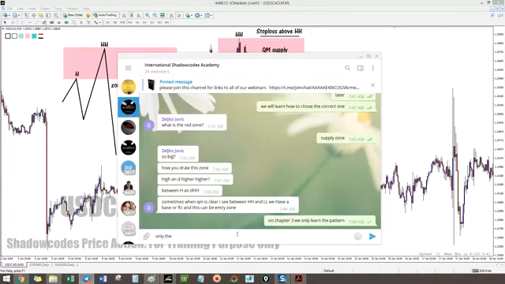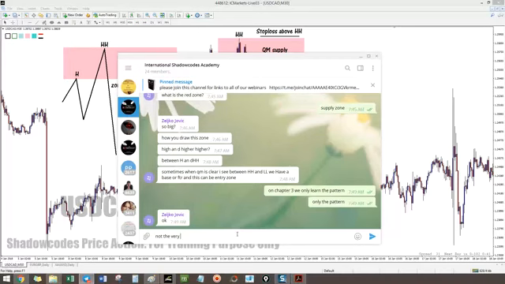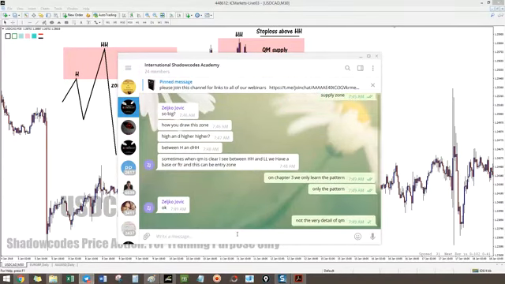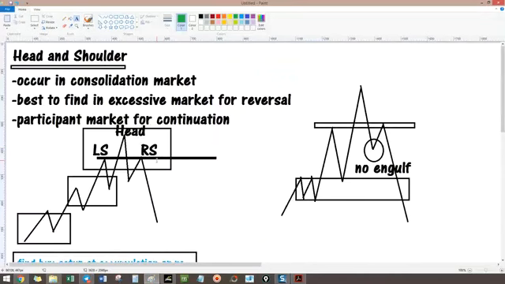Only the pattern, not the structure of the QM itself, not the very tips, but the very detail of QM. So if QM in detail, it will look something like this, just to give you peace of mind.